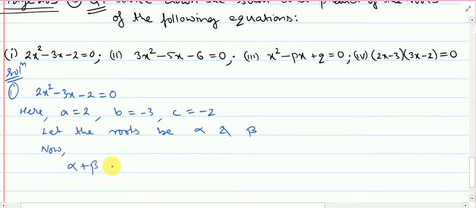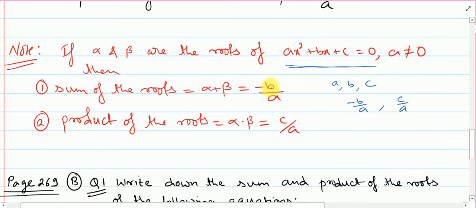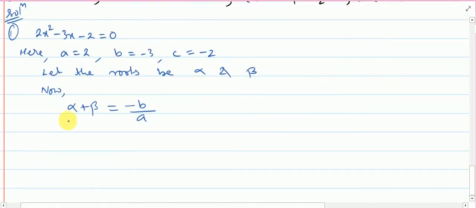The sum of the roots will be minus B upon A. Just now we have discussed this. So minus B is minus 3, A is 2, so you get 3 by 2.